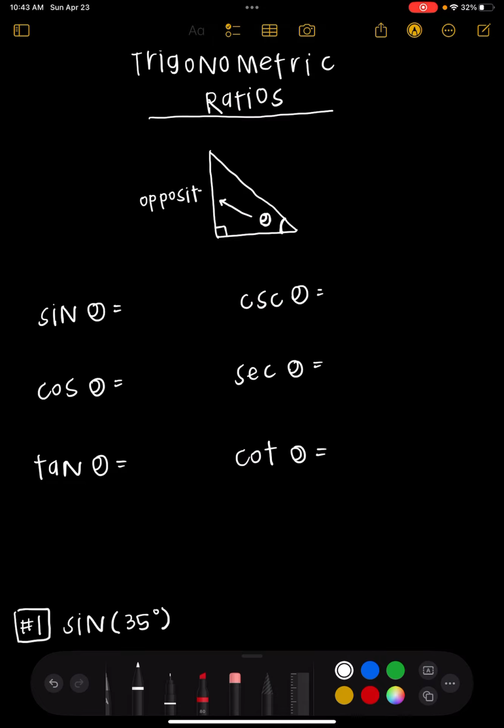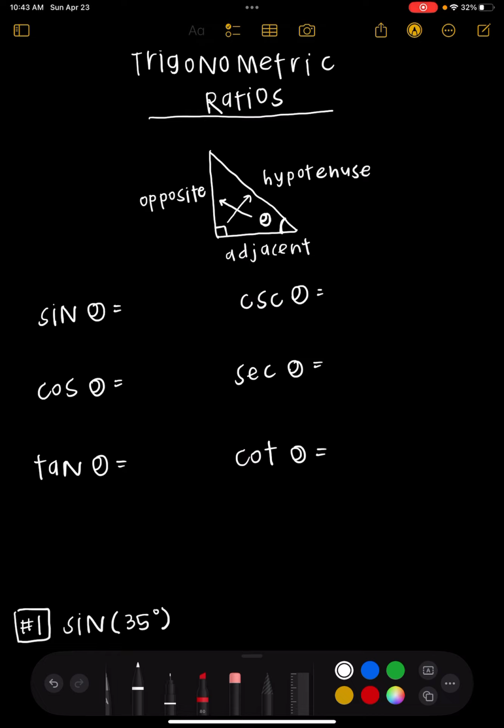Then my hypotenuse, if you remember from the last video with the Pythagorean theorem, always has to be the side opposite the right angle of the triangle. So this side is my hypotenuse. And then the adjacent side is the one that's left over. So that's how we label the triangle: opposite, hypotenuse, and adjacent.